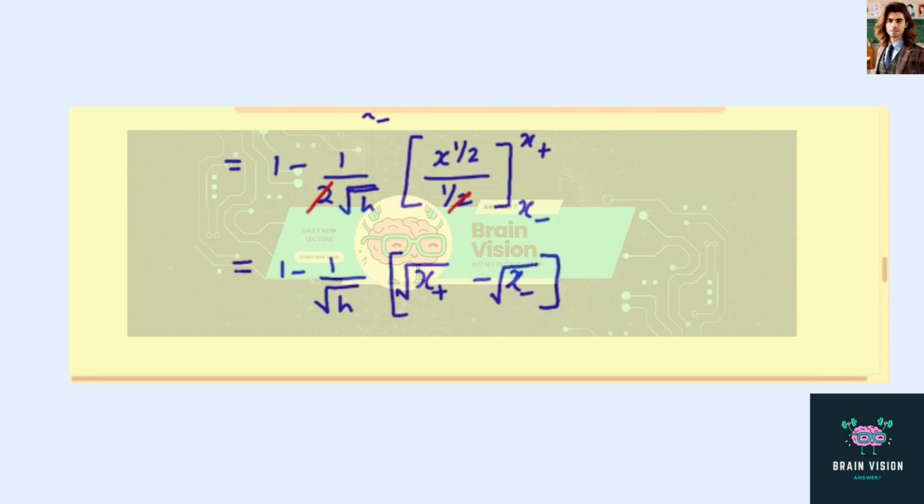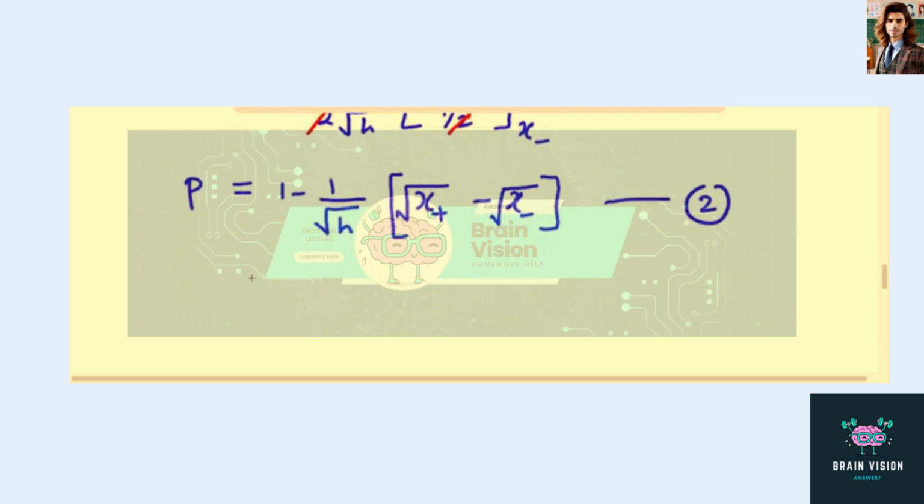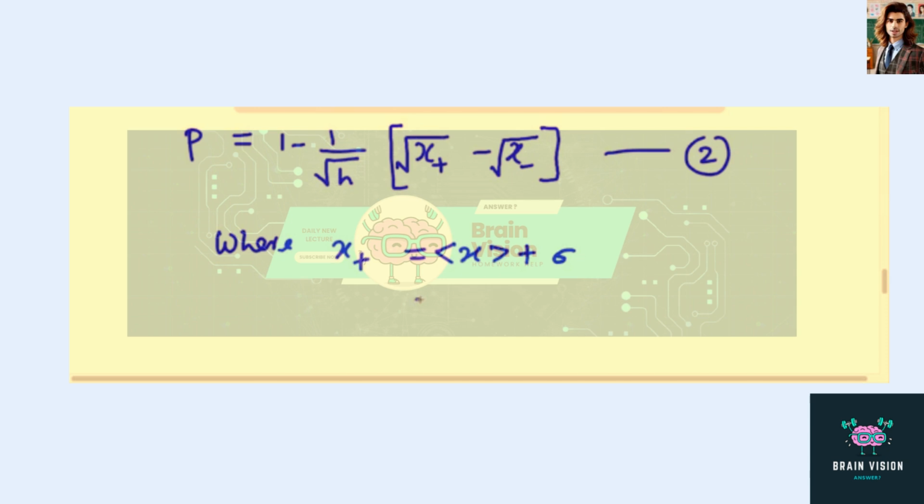Let us call this equation 2, where x plus is equal to the mean value of x plus sigma, and the mean value of x is h by 3.